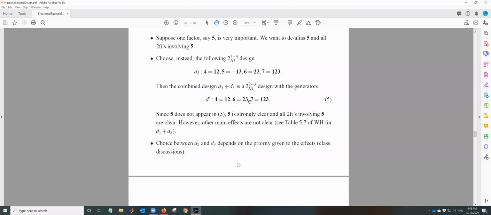This is a new generator. Since 5 does not appear in this equation, 5 is strongly clear and all 2 factor interactions involving 5 are clear. However, other main effects are not clear. So the choice between D2 and D3 depends on the priority given to the effects.